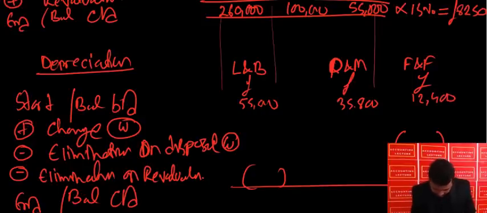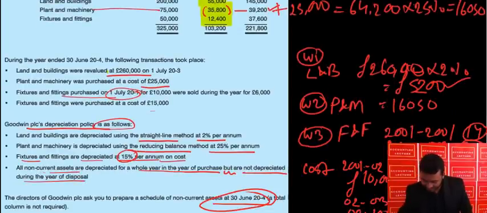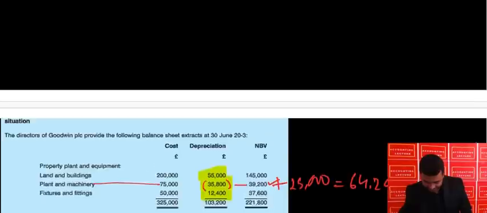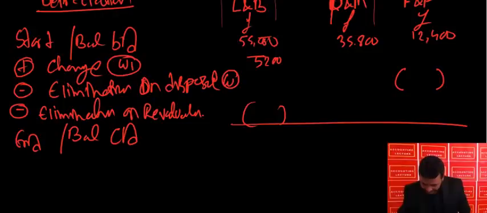Okay, I think in the charge workings we have done for the charge. There's none for land and building. No, there is for land and building. 5,000 something. Just a quick check. Yeah, there you go, 5,200. 5,200 for our land and building, and plant and machinery got some 16,000.